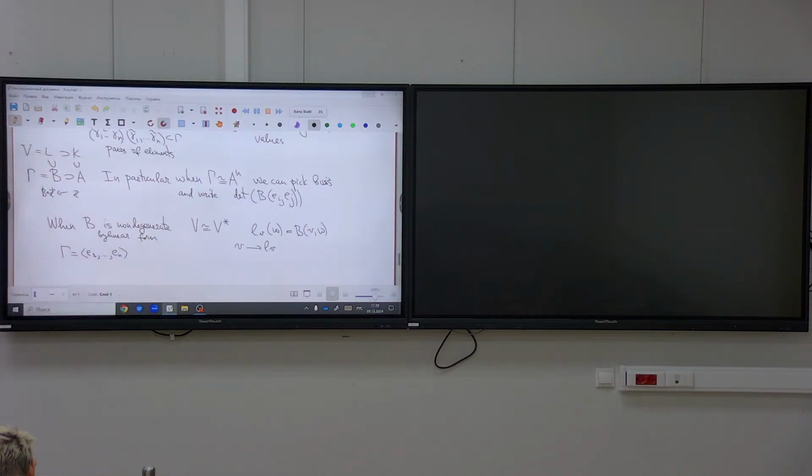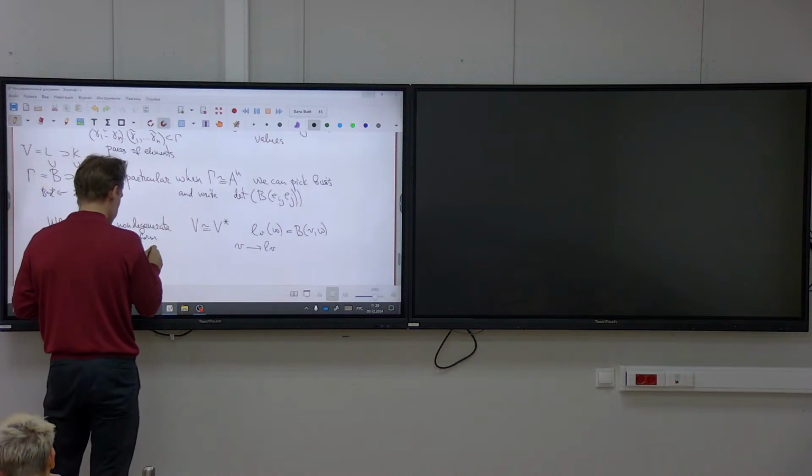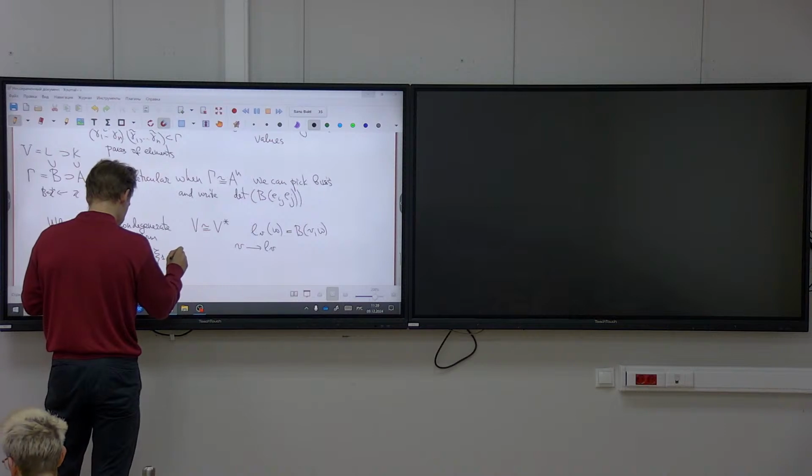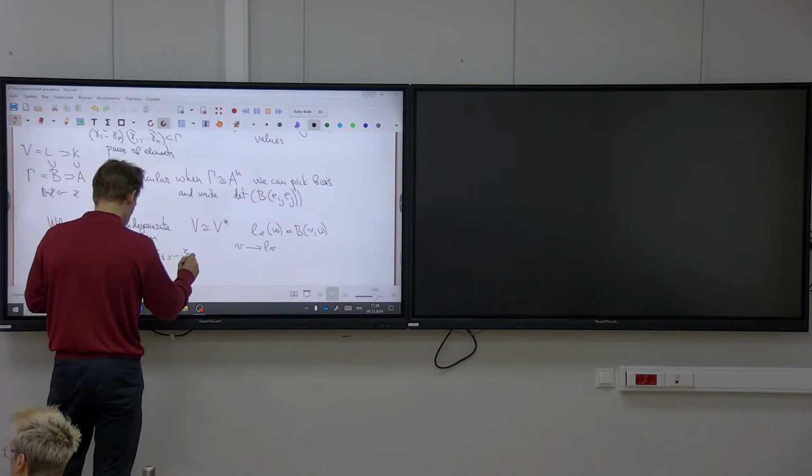If you have a basis, you can pick up the dual basis.